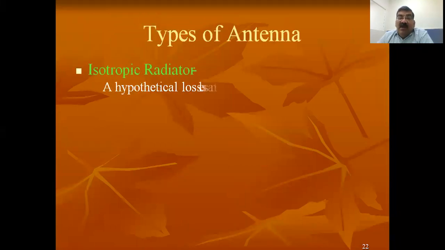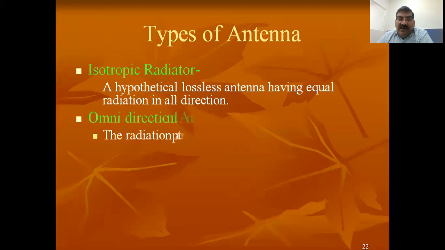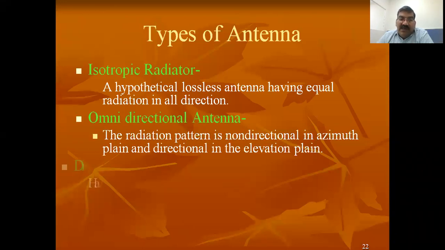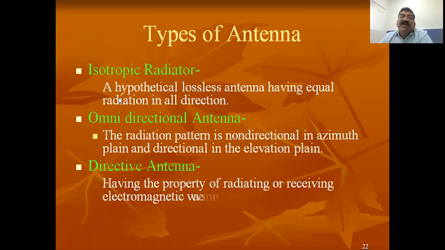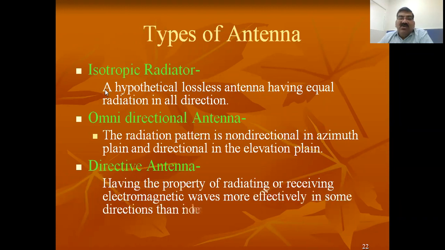Based on the radiation pattern, we can bifurcate the antenna into 3 types. So what is the very first? The very first is the isotropic radiator. It is a hypothetical term, a lossless antenna having equal radiation in all directions.